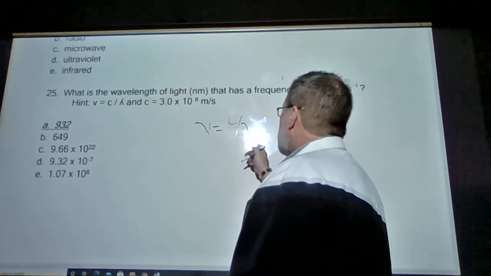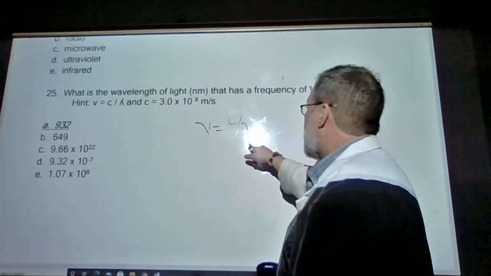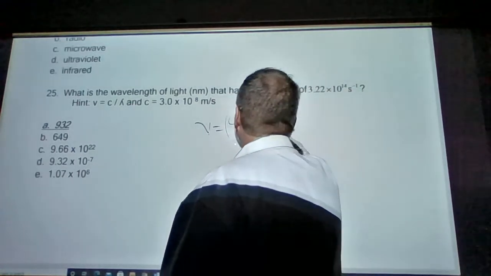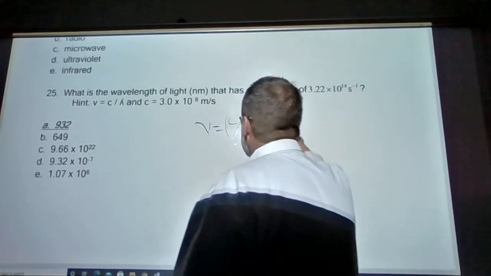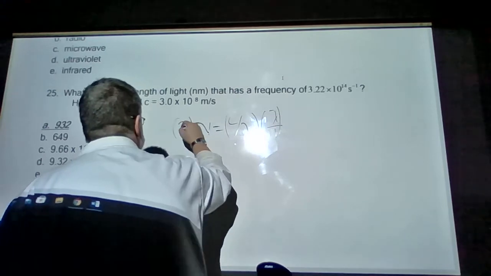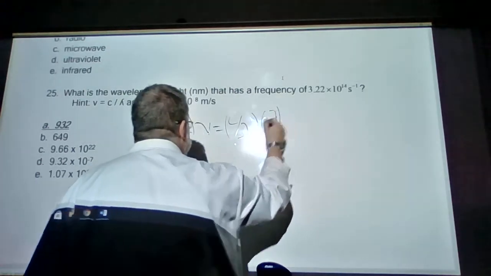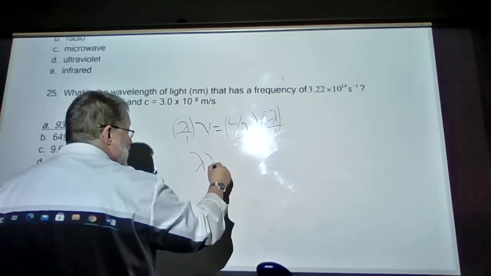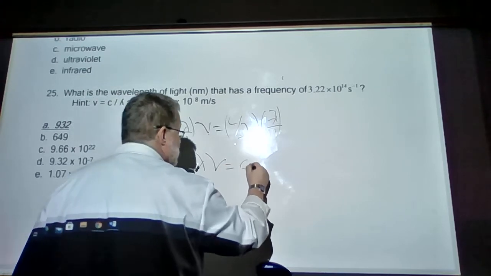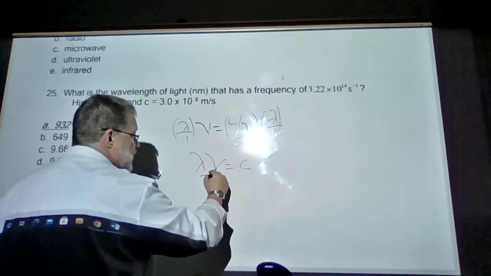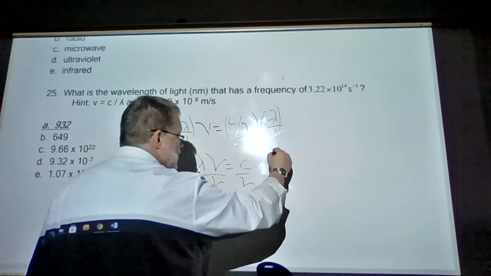Therefore, multiplying both sides through by wavelength, wavelength cancels out, so you have wavelength times frequency is equal to c. Divide both sides by frequency.